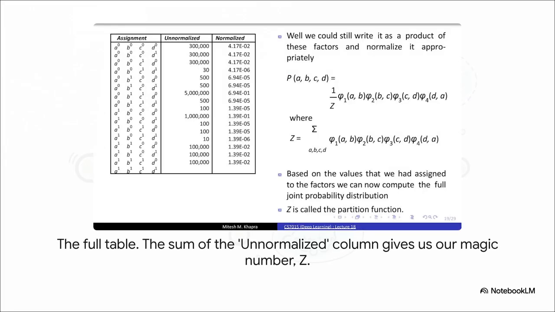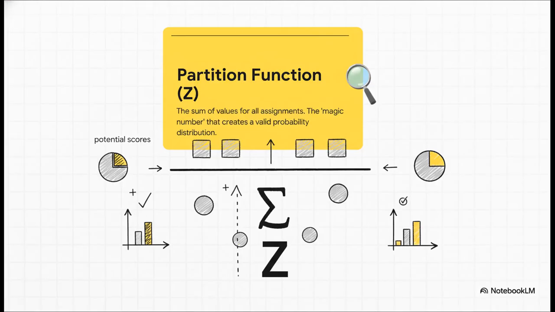And then we just repeat that exact same process for every single row you see in this table. For each combination, we multiply the factors and get an unnormalized value. Now, if you take that entire unnormalized column and just add up all the numbers, that grand total is our magic number, z. This total, z, has a very special name. It is called the partition function.